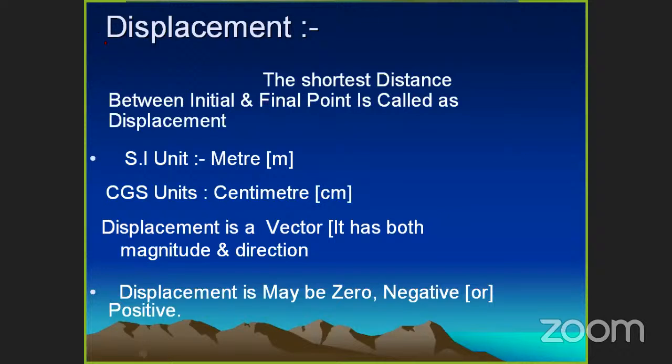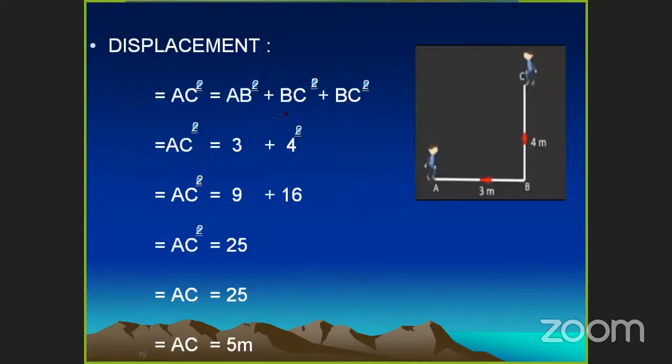Next one is displacement. Displacement means the shortest distance between the initial and final point. See here, the boy is moving from A to B, then after that from B to C. What is the displacement of the boy?